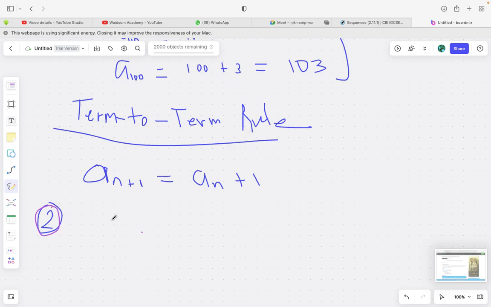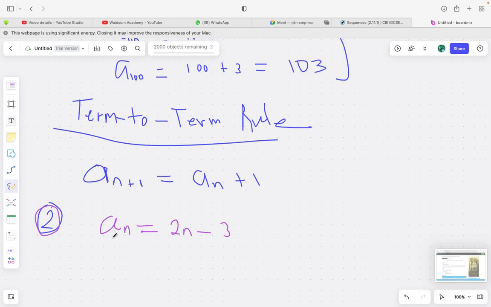Let's change our color. You're given a formula, the position to term rule: an is equal to 2n minus 3. Now they want you to find the terms. They've given you the position to term rule, and they want you to generate the sequence. Remember, n is for position.